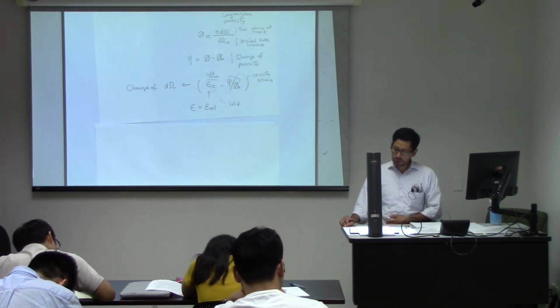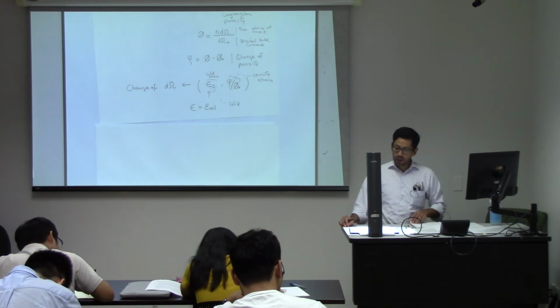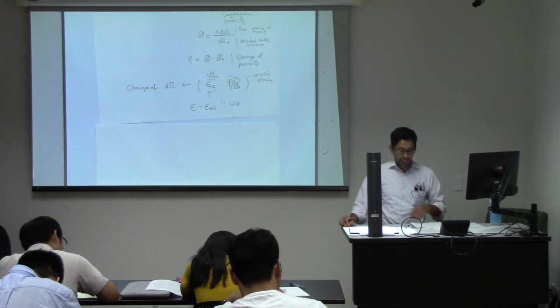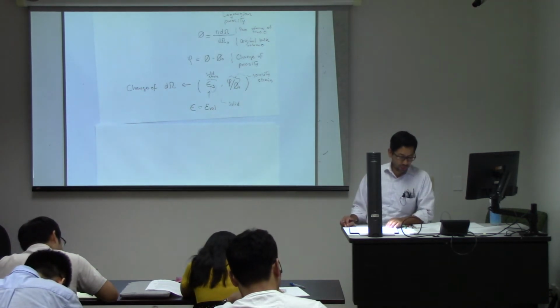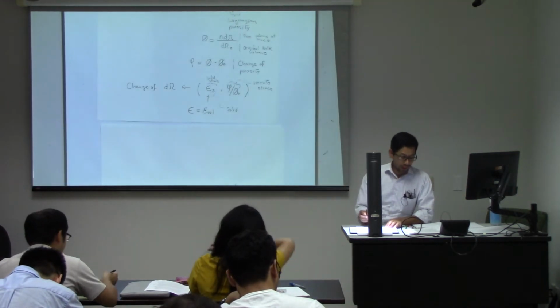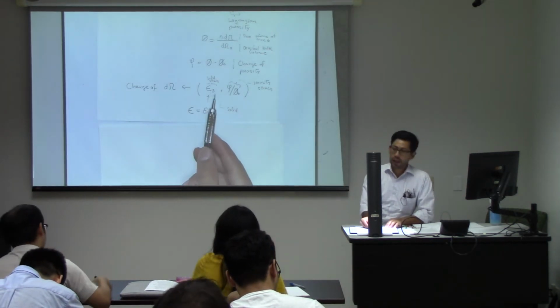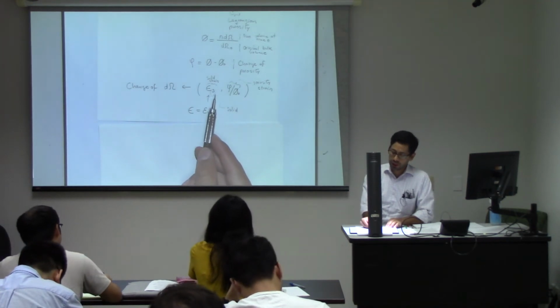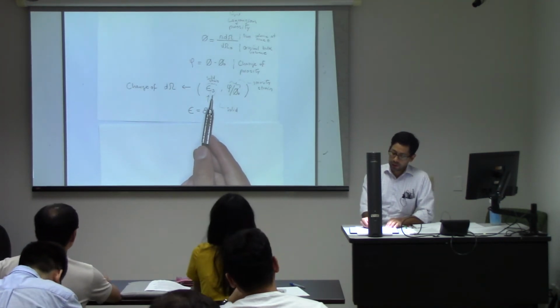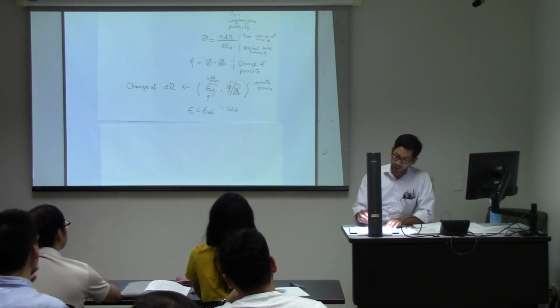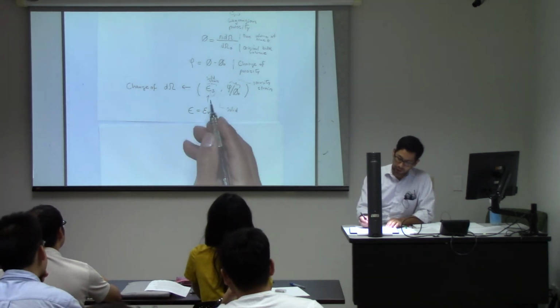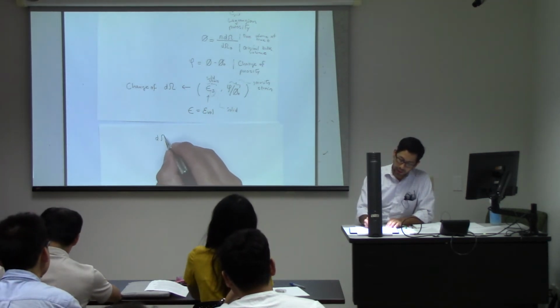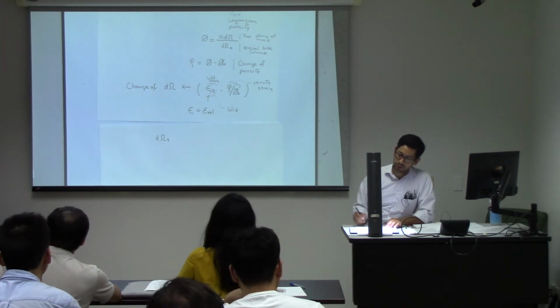Okay, so let's work through the equations. And we're going to define this epsilon s, which is the strain of the solid. By definition of the strain of the solid, I need a volume of a solid.